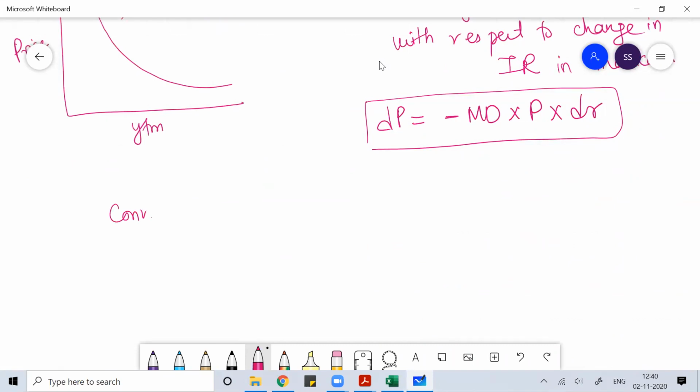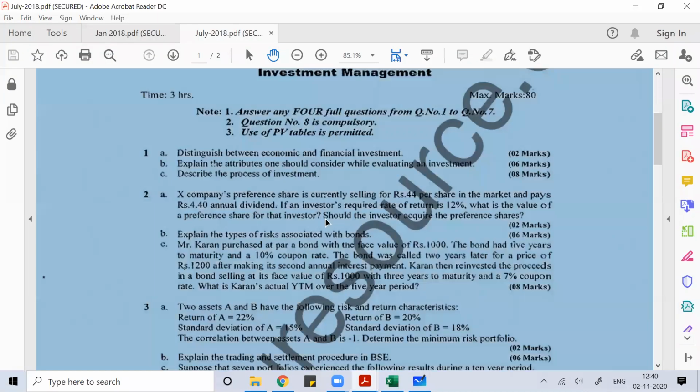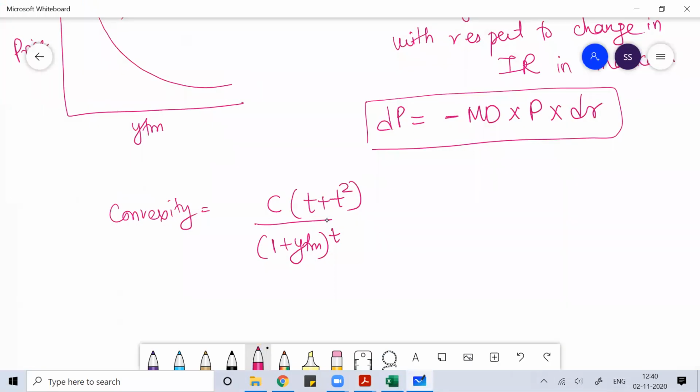Whenever we talk about convexity, the formula for convexity is basically the coupon divided by 1 plus YTM to the power t, into t plus t square.